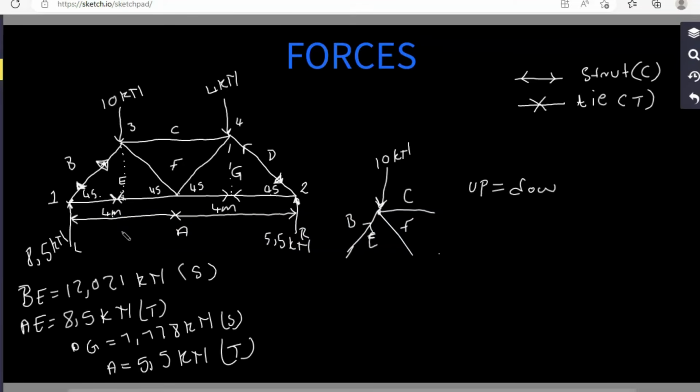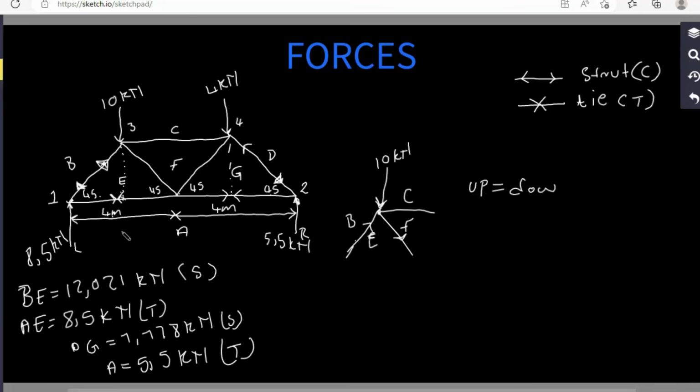We have a direction for PE, but we do not have a direction for EF. So we have to choose a direction for EF. I'm going to say it is going down. The sum of the forces going down are equal to the sum of the forces going up.